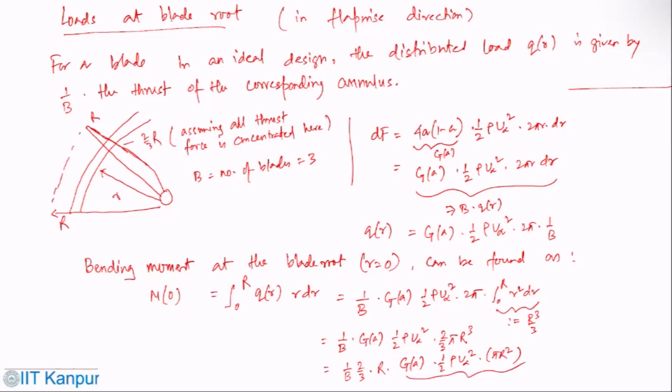So this is essentially our F_T, the total force on the actuator disk.